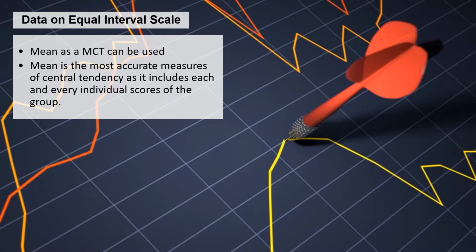The mean is the most accurate measure of central tendency, as it includes each and every individual score of the group. You can prepare the equal interval scale only when you know each and every individual score, and you have to find out the range of the scores, then decide the size of the class, and then prepare the class intervals.